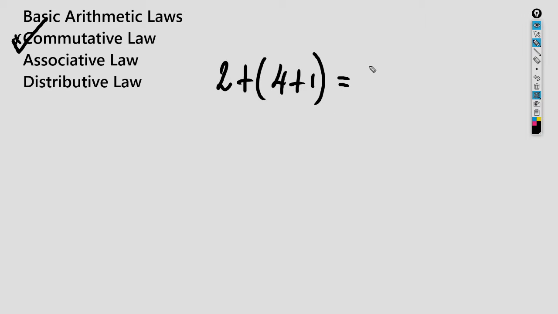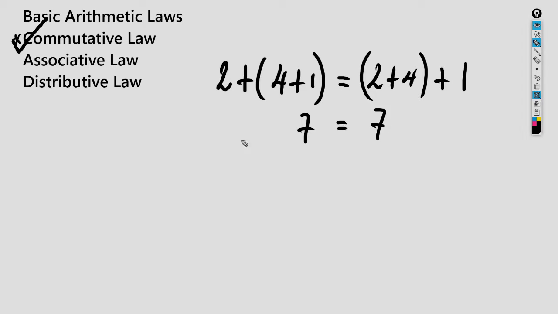For addition, let's say you have 2 plus 4 in brackets plus 1, they would both be equal to the same thing, right? 2 plus 4 plus 1 would be 7, and 2 plus 4, you do the brackets first, then 1 would be equal to 7. So for addition, the associative law holds, meaning that it doesn't matter where the brackets are in this case because it's going to be equal to the same thing.